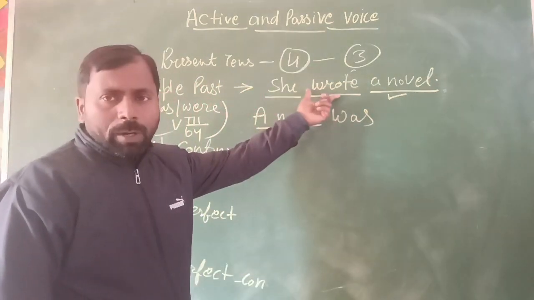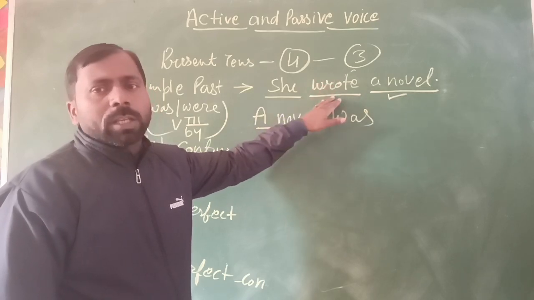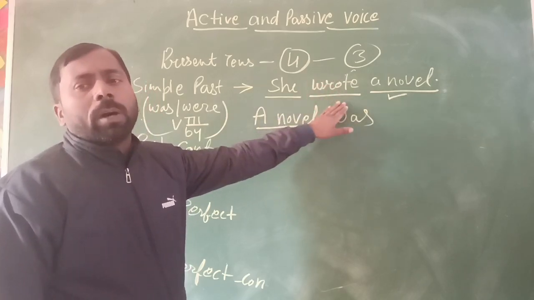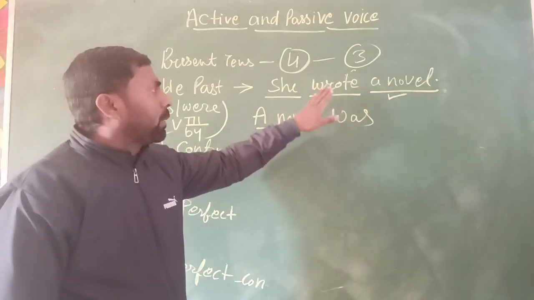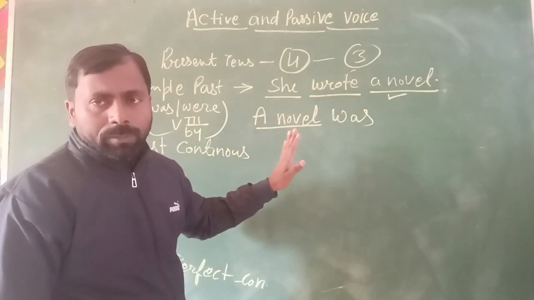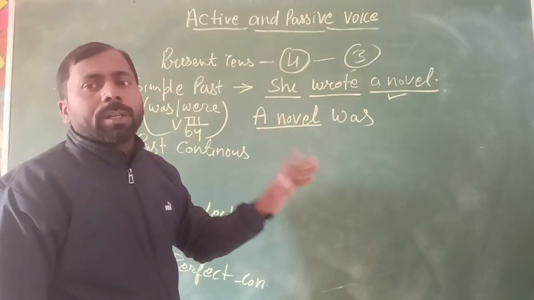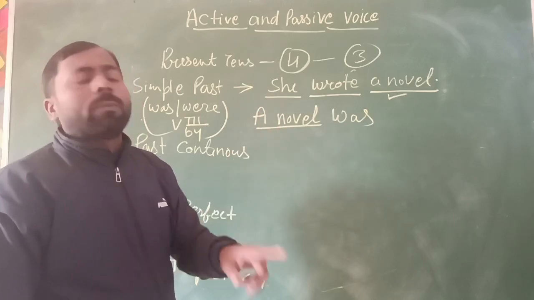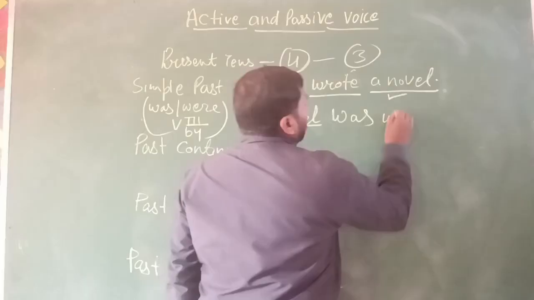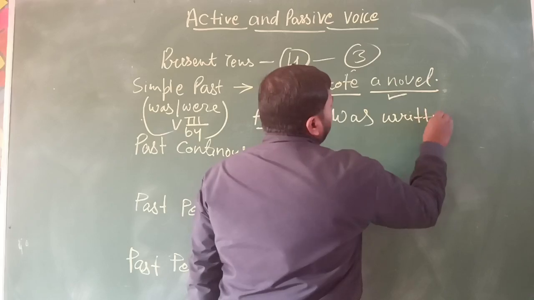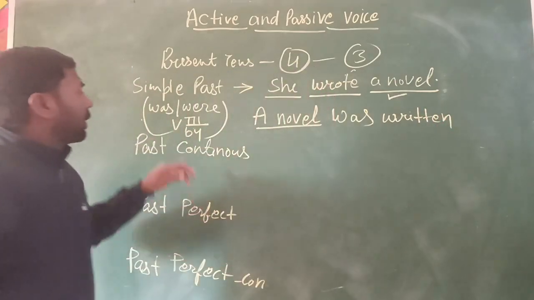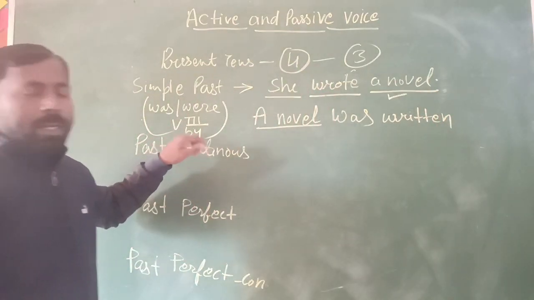Here the verb is second form, so change this second form into the third form. The first form of wrote is write. Write is the first form of verb. Write, wrote, written. Written is the third form of verb. So here we can write written. And then use by agent.